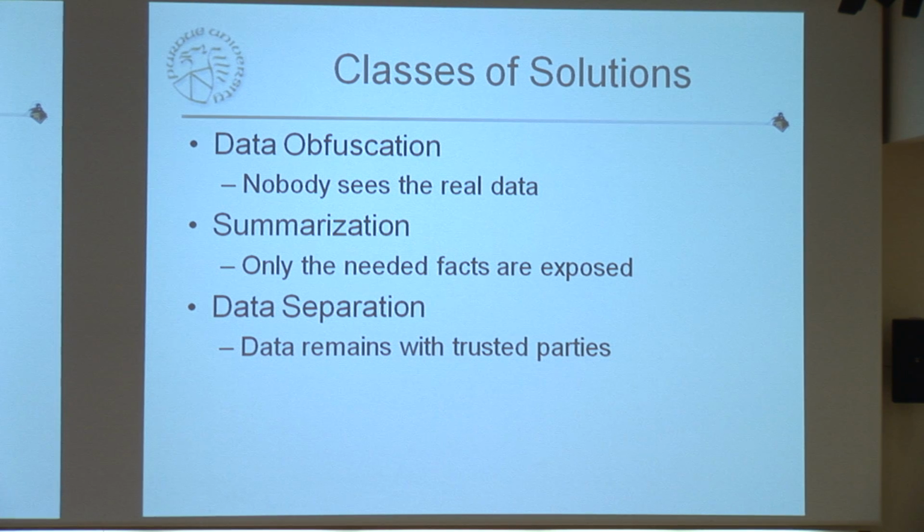With summarization, we don't reveal all the data, we just reveal some sort of a summary which enables us to do our learning. With data separation, somebody's got the data, they never share it, but they participate in the process of learning from it, of developing these models, clusters, the prediction models.